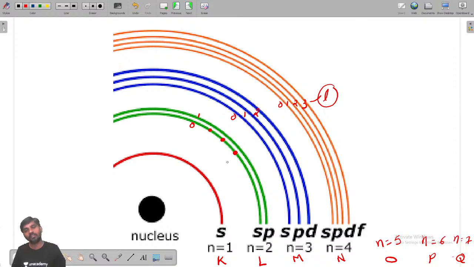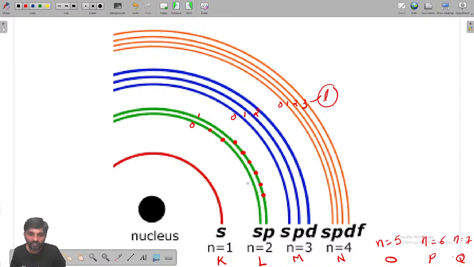And for P, let's say, how many electrons will you have? In general, you will have 6 electrons.